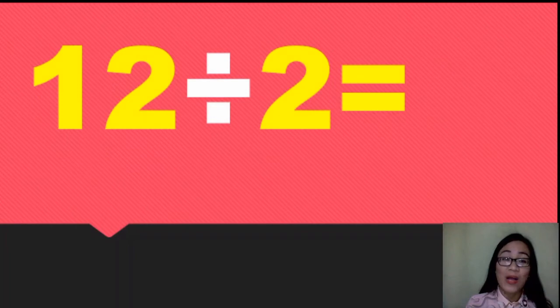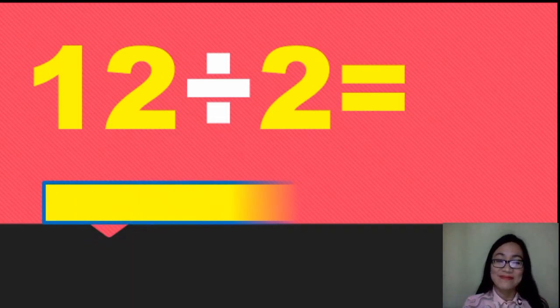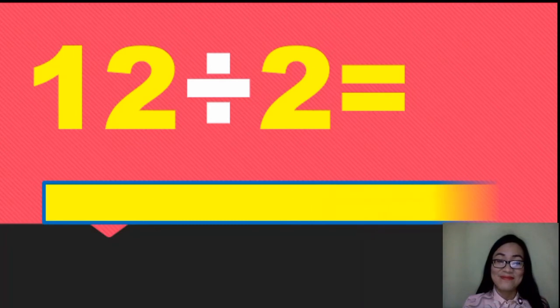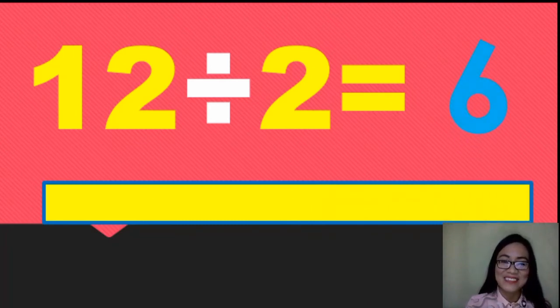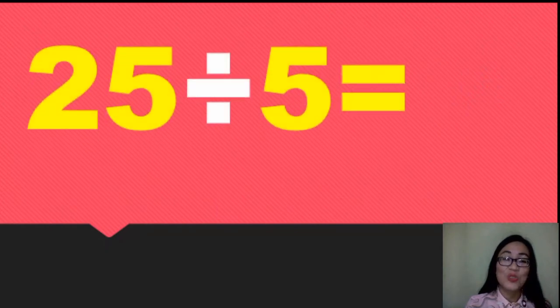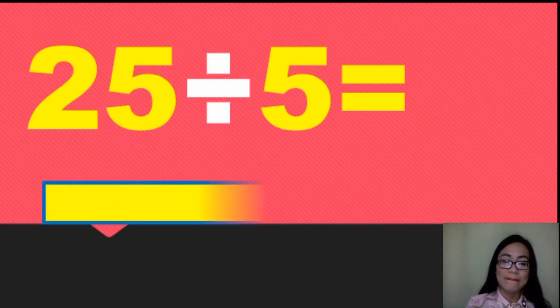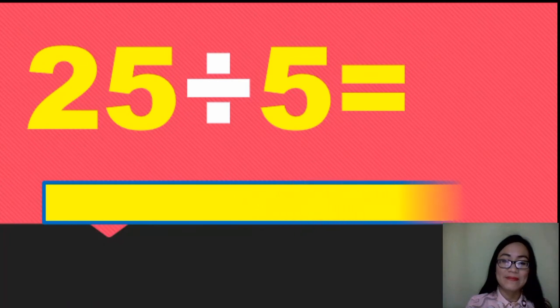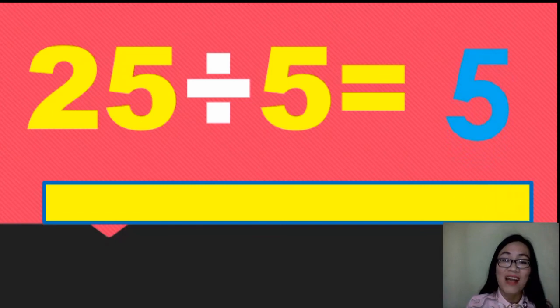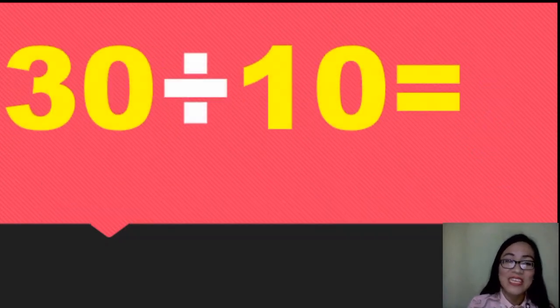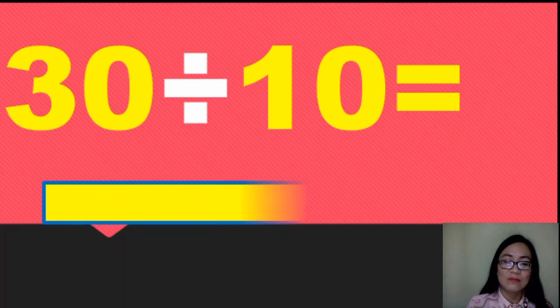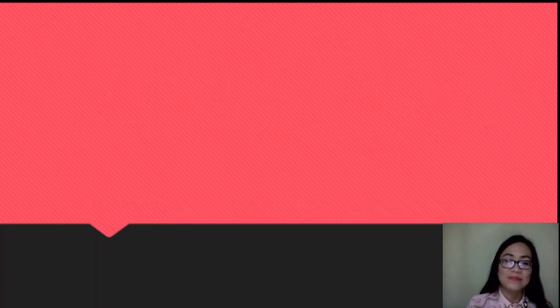First question. 12 divided by 2 equals 6. 25 divided by 5 equals 5. 30 divided by 10 equals 3.